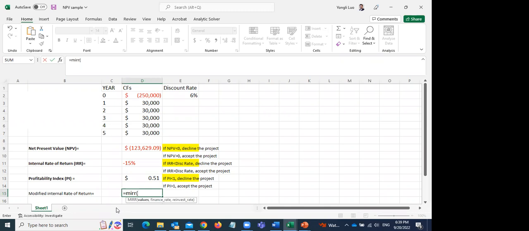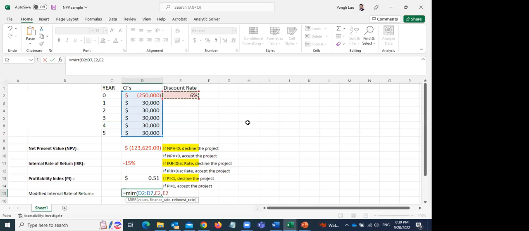When you type this formula, MIRR, open parentheses, you select all these values, select all of them, and then the comma, finance rate 6%, and the reinvestment rate is 6%.